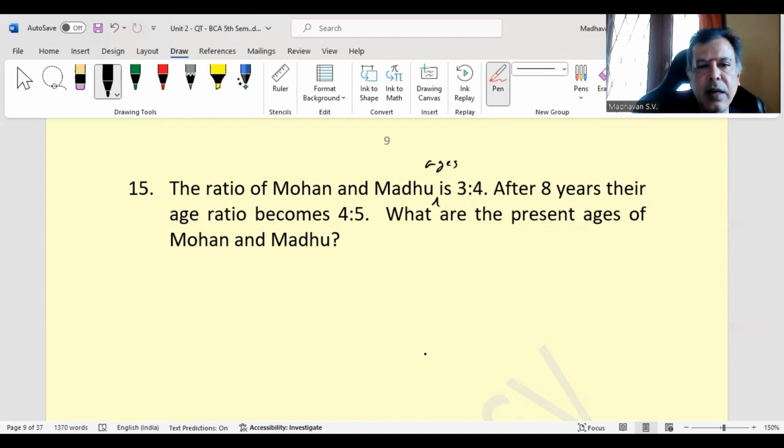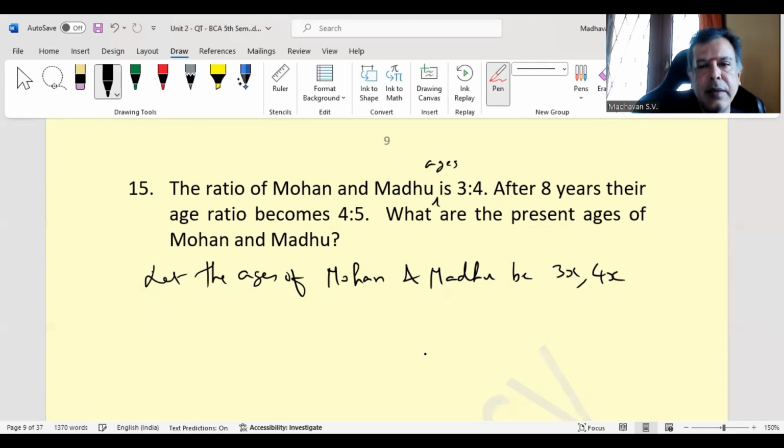Since it is given in the form of a ratio, let the ages of Mohan and Madhu be 3x, 4x. Given after 8 years, I'm adding 8 to the age, the ratio becomes 4:5.